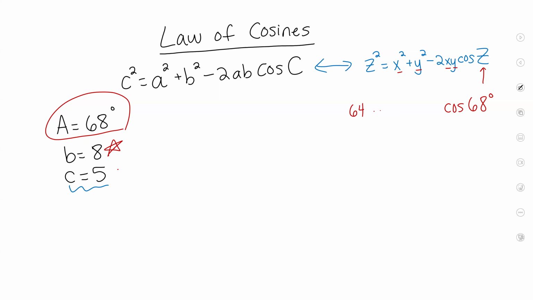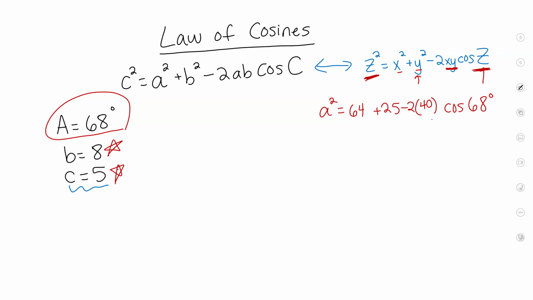Then I'm going to do plus 5 squared, which is 25, minus 2 times x times y. 8 times 5 is 40. And notice these letters match. So I'm going to be solving for, that's angle A, so I'm going to be solving for side A. All right. Is that okay so far, how I plugged everything in?